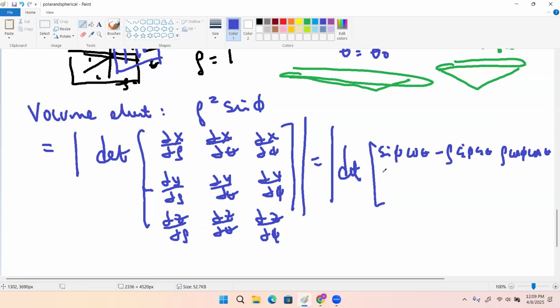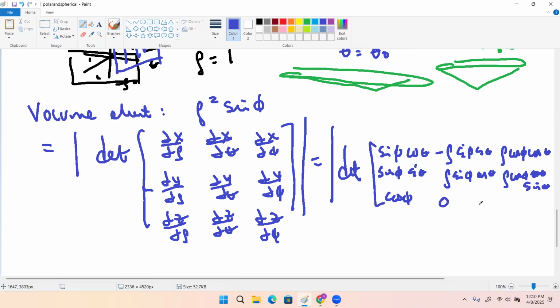For y, it's going to be sine phi sine theta, rho sine phi cosine theta, and rho cosine phi sine theta. My bad. And then for the z, it's just going to be cosine phi. There's no theta with z.